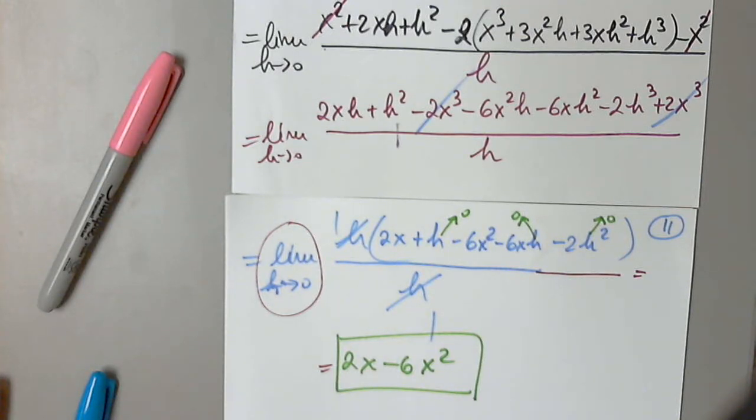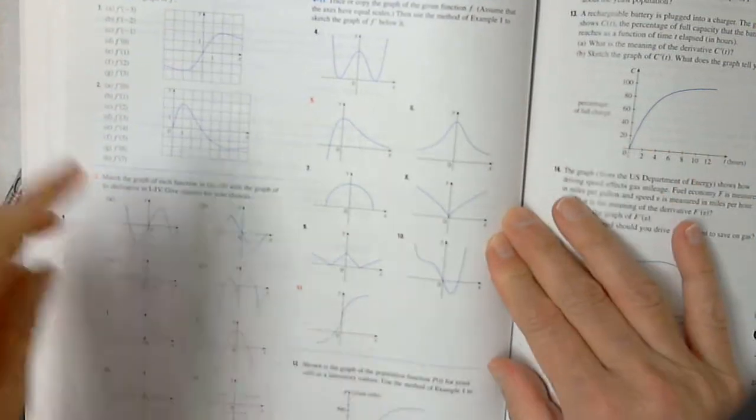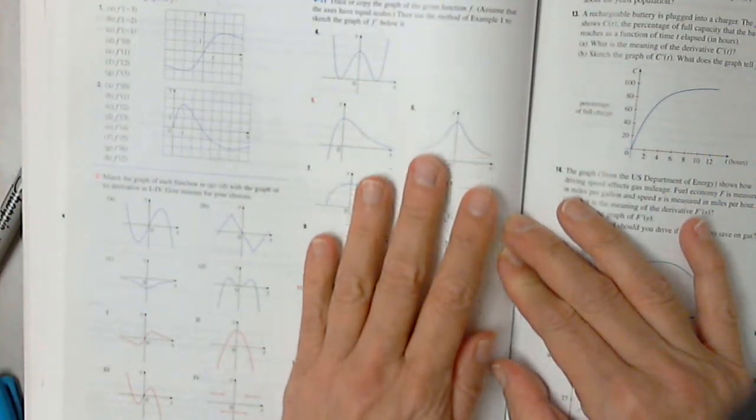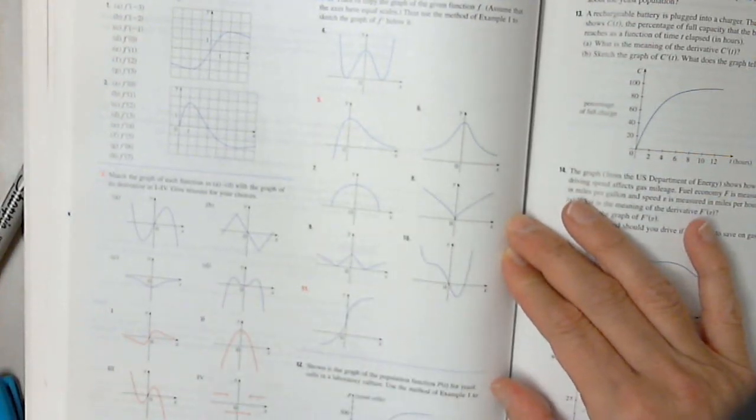Okay. I would like us to select any graph from here. Any graph. We are going to graph it. I'm going to copy it to the best of my abilities.